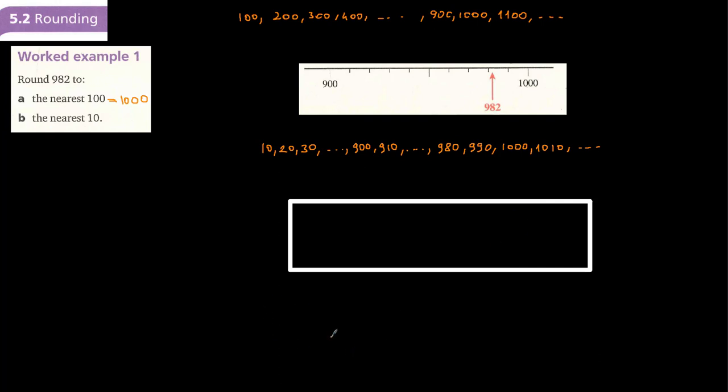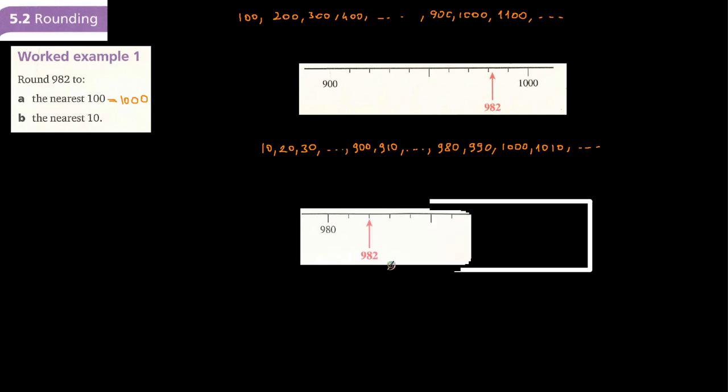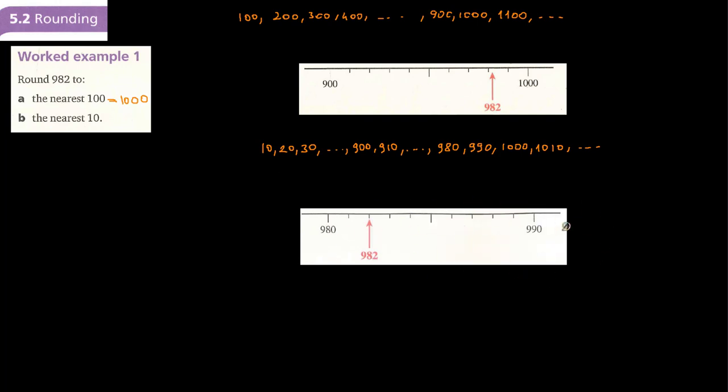Which one is the closest 10? Firstly, let's remember that it is between 980 and 990. If I clean this part, here we are going to see that it is between 980 and 990, but it is closer to 980.